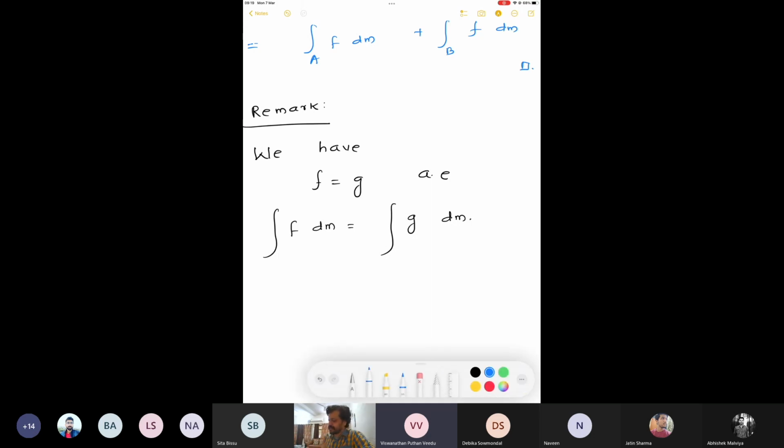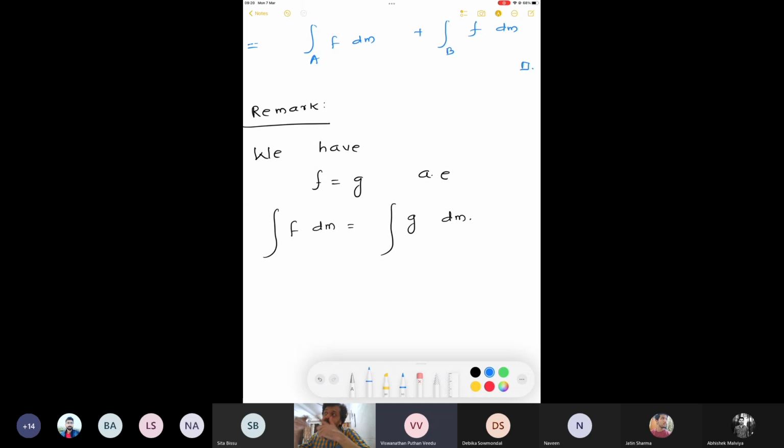Now I think I will stop the business of simple properties of integration here, and what is to be highlighted is how this Lebesgue integration is superior to Riemann integration. For that, you have to recall the shortcoming of Riemann integration, namely that it is not well behaved with respect to limits.